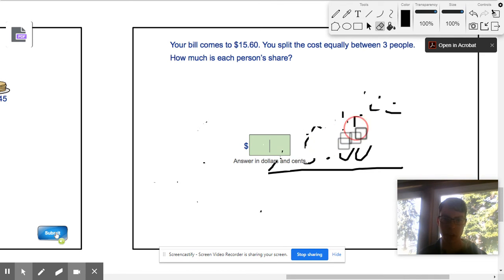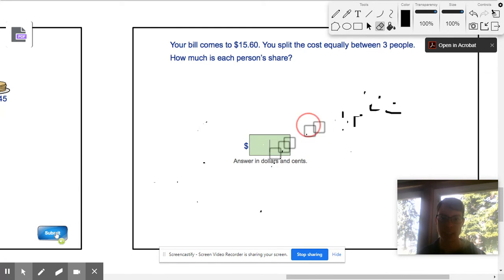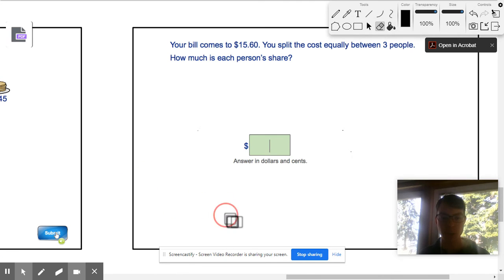Okay, so here your bill comes to $15.60. You split the cost equally between 3 people. How much is each person's share? So in this question, you know you're going to have a smaller number because the bill comes to a total of $15.60, and you want to know how much each person's share is. So you know it's getting smaller.